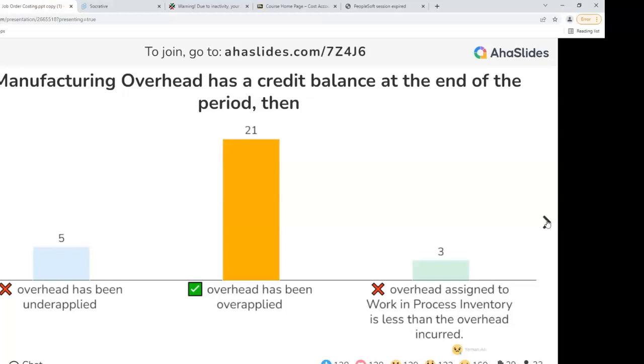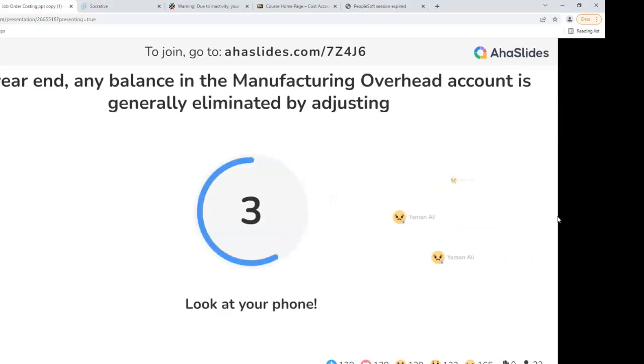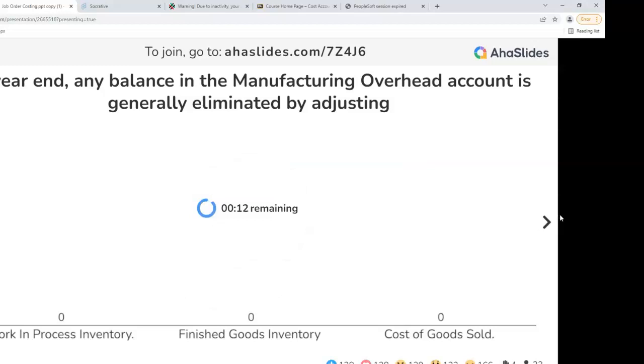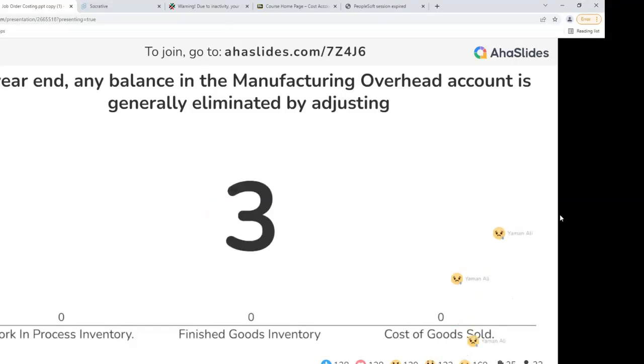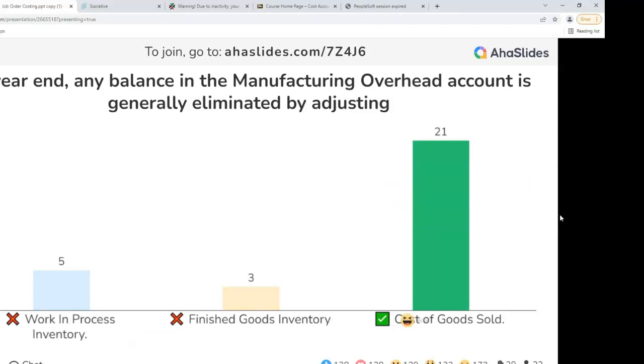All right, you're going to have to know how to do all this. All right, question 13, always a bad thing. At year end, any balance in the manufacturing overhead is generally eliminated by adjusting it, zeroing out, closing it, and charging the difference to the cost of goods sold. Those jobs are gone. All right.